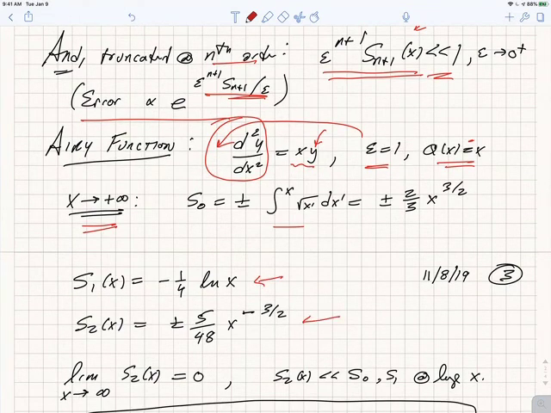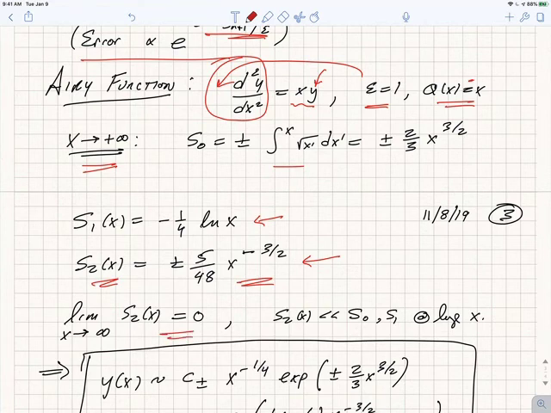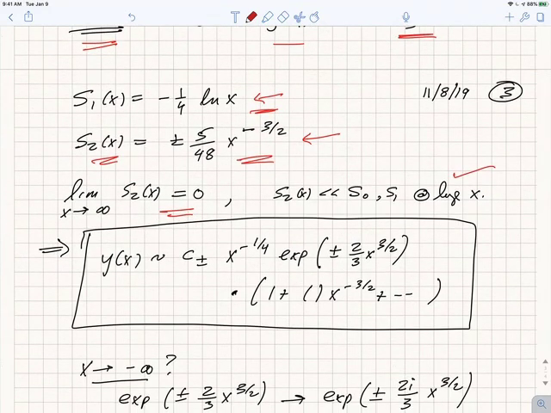If you compute, you can go to the next order, you'll find S2 is 5 over 48 x to the minus 3/2. And notice that as x gets large, S2 is numerically smaller and smaller. So for that reason, we can truncate the WKB approximation with just the first two terms. And what we find is that those solutions have two forms.